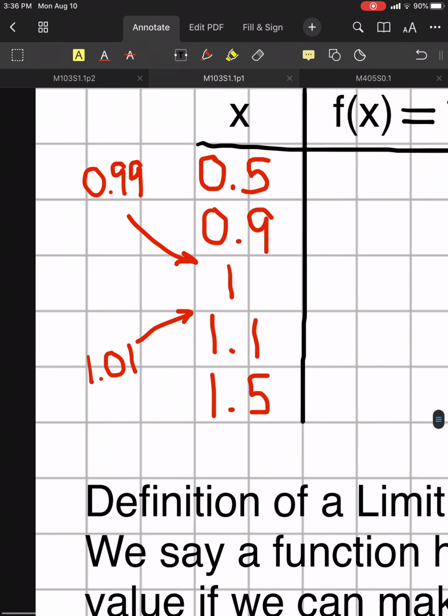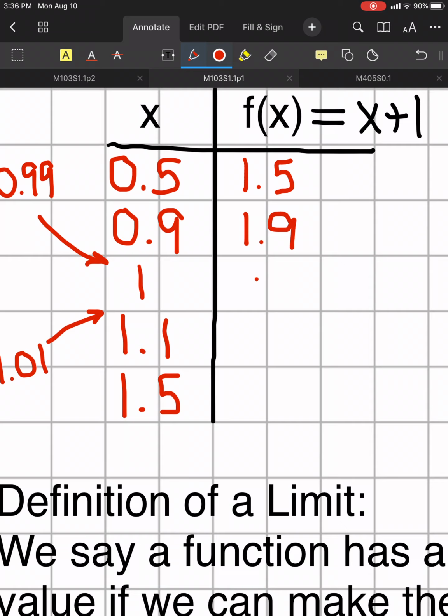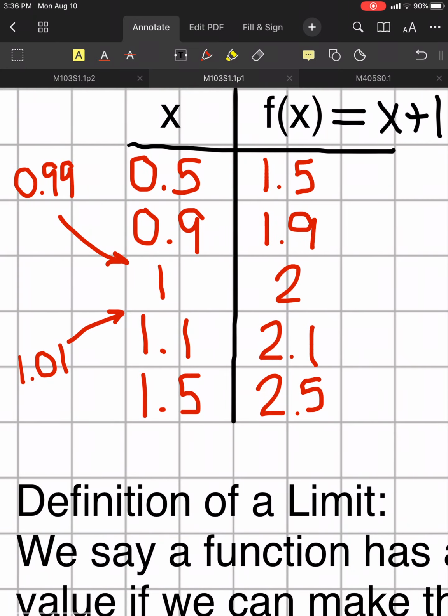And you can keep doing that closer and closer. Now this function is easy since it's just adding 1. We would get 1.5, 1.9, 2, 2.1, and 2.5. And if we picked values as we saw over here, 0.99 and 1.01, we could find those values as well.